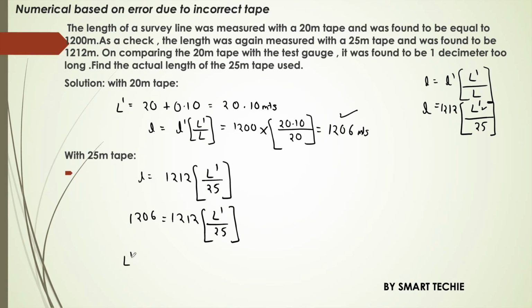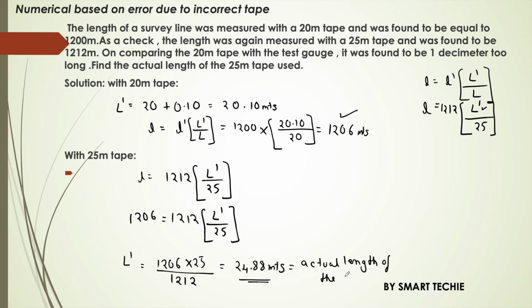So my L dash is nothing but 24.88 meters. So this is nothing but the actual length of the tape.